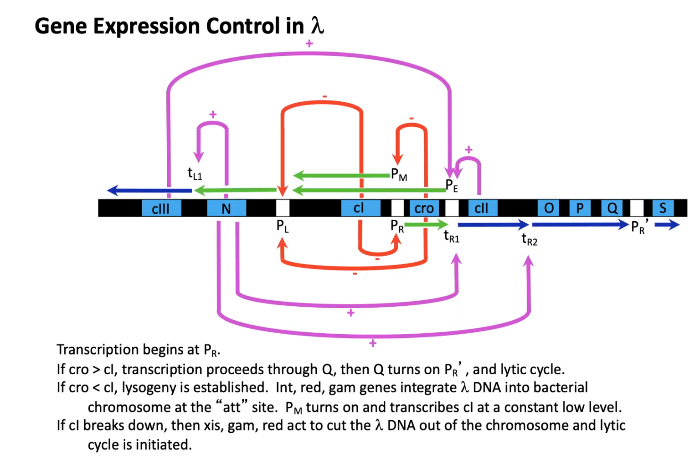As I indicated, that central section of the genome is a control region, and it's highlighted here. And things begin at the PM and PR region of the lambda genome.